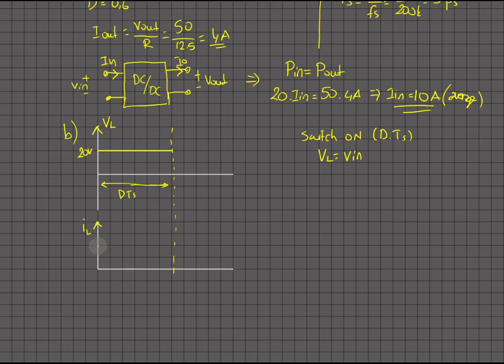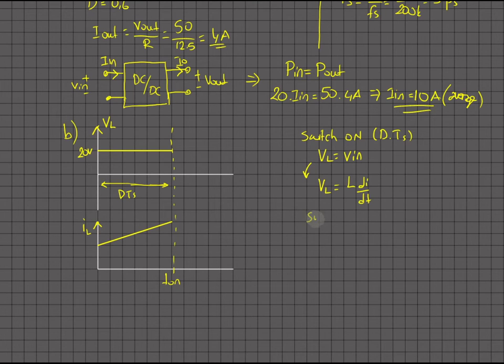What I know is VL is equal to L di over dt, and if you apply a positive voltage to the inductor, the current will increase linearly, right? Let me draw it here, going from here to somewhere here. That interval is t on, and t on is equal to D times TS.